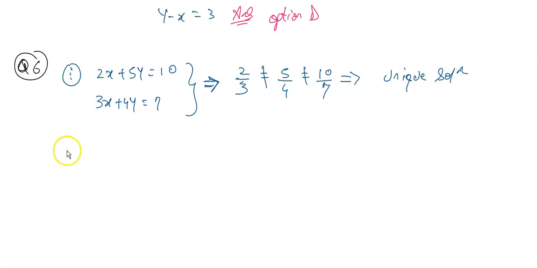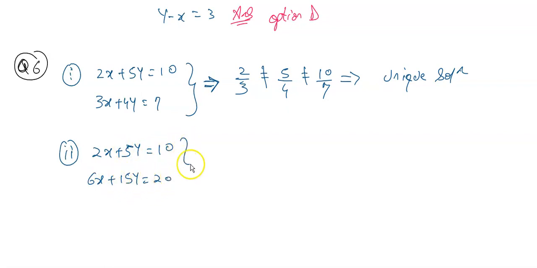Fine. Now let's come to the second system of equations. 2x plus 5y is equal to 10. Then we have 6x plus 15y equal to 20. So what do we get from here? 2/6 is equal to 5/15, which is not equal to 10/20.